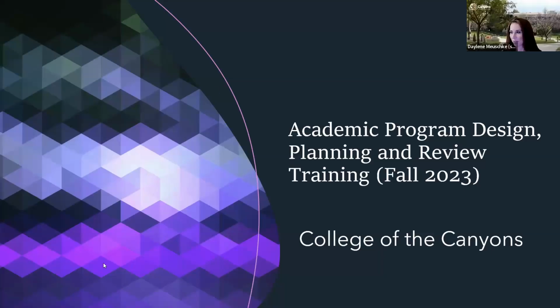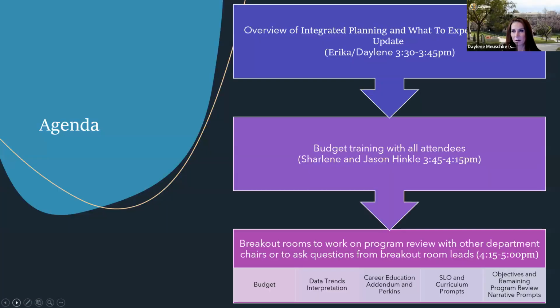So I'm going to go ahead and share a screen and then we'll get started. The way this is going to work today is we will have a brief overview from myself. And if Erica Torgerson joins the call, Erica is the faculty lead for program review.